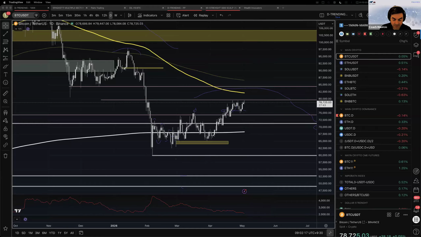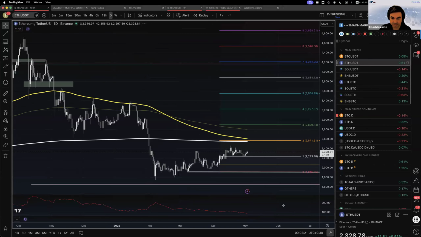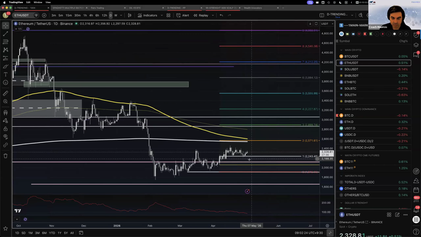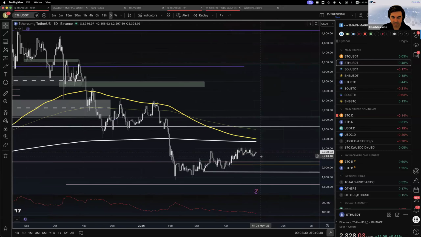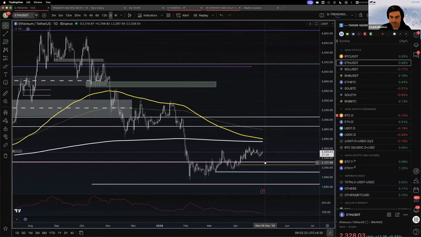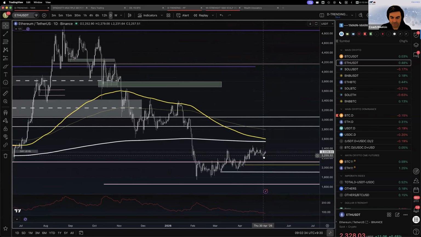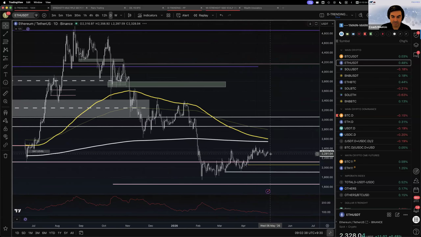Now, the interesting thing is how alts are playing out, right? If I look at Ethereum, let me just bring this back. Let me just delete that trade that I was going to take a while ago. All right, so Ethereum still looks good. This is kind of the breakout area, but still we have to fill that gap right there.